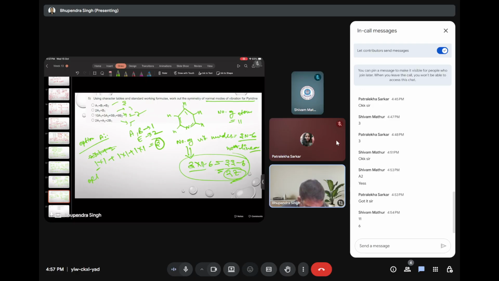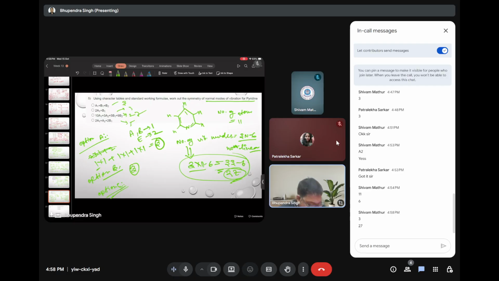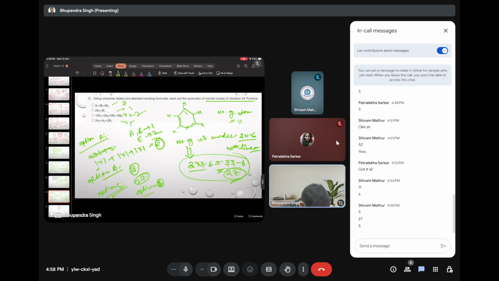For option B, tell me how many vibration modes there will be. 3. And for C, 27. Option D, 5.